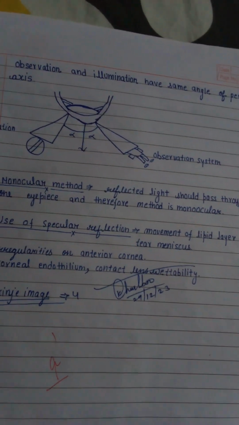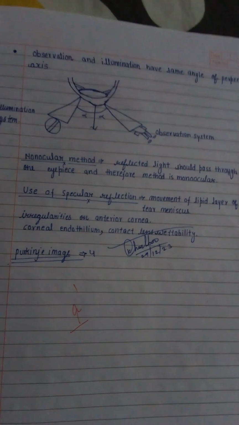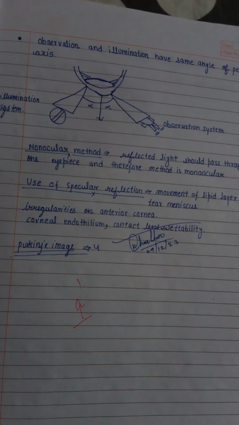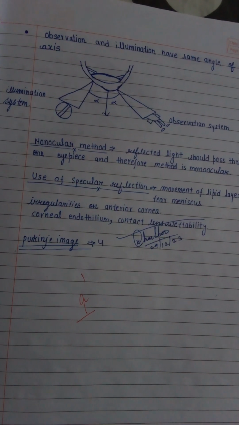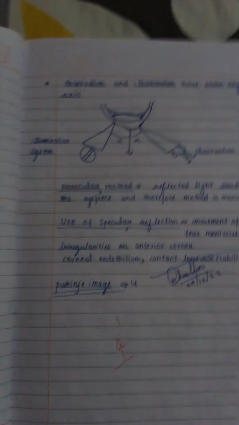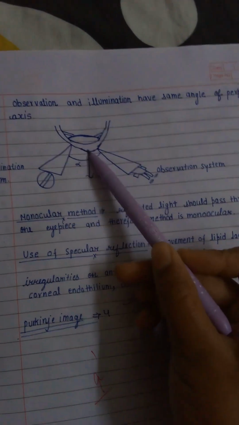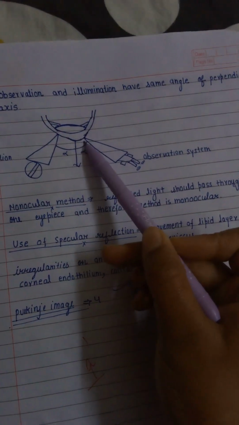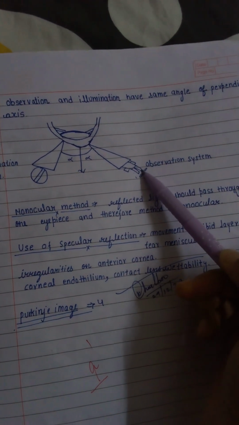Now the observation and illumination have the same angle on the perpendicular axis. So here you can see this is the cornea, and this is the illumination system and observation system. The light is focused from here, and we are observing from here.